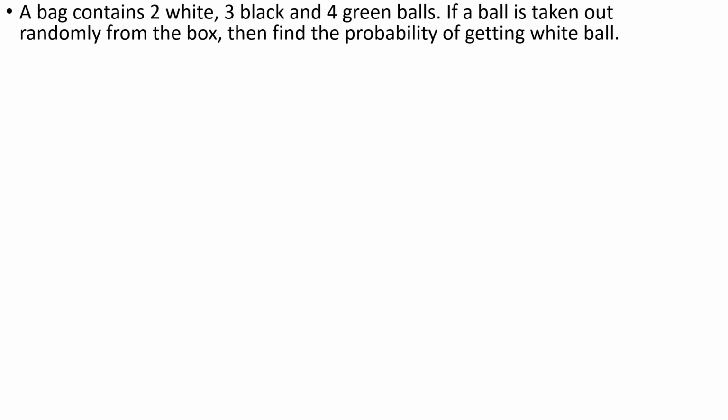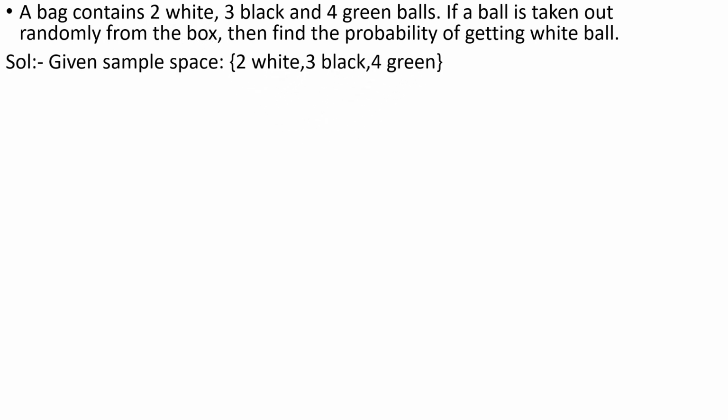Now, to identify the favorable condition of getting a white ball, first we will identify the sample space. So the sample space will be the sum of all the balls that are currently in the bag. So we have 2 white balls, 3 black balls, and 4 green balls.